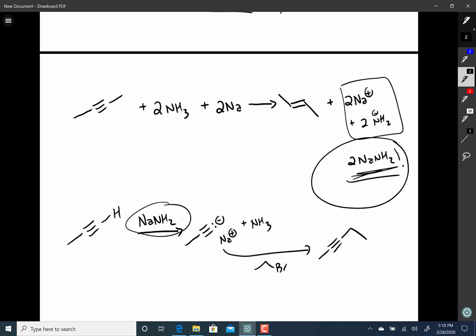This is the issue. This reaction right here, this deprotonation, is very fast.